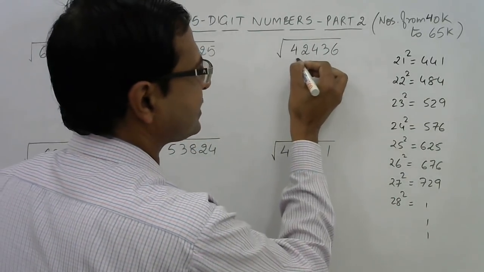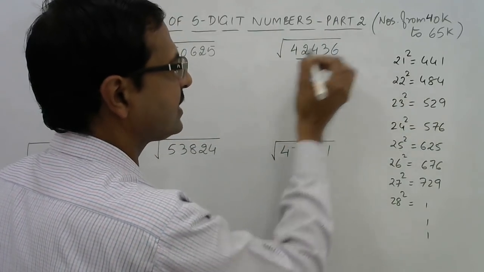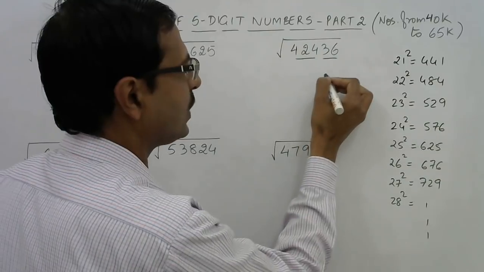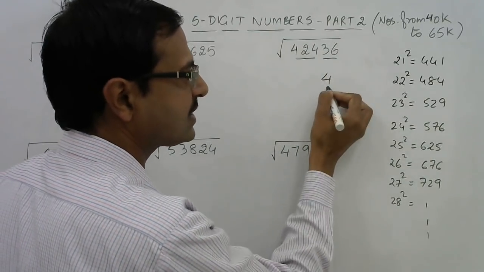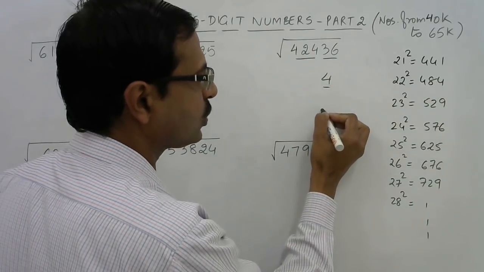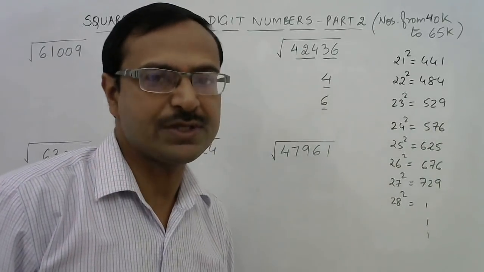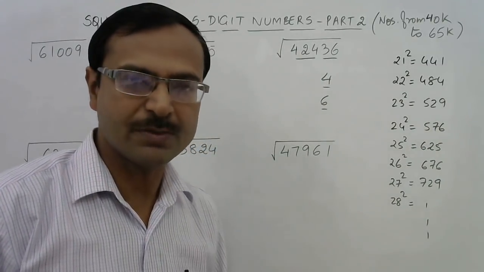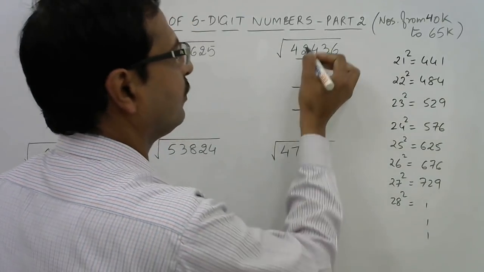Now this is a triplet and this is a doublet. Now 36 ends with 6, so our answer has to end with either 4, because 4 into 4 is 16 which ends with 6, or it should end with 6 because 6 into 6 is 36 which ends with 6. So two possibilities of the unit digit. And what about the remaining number? 424.